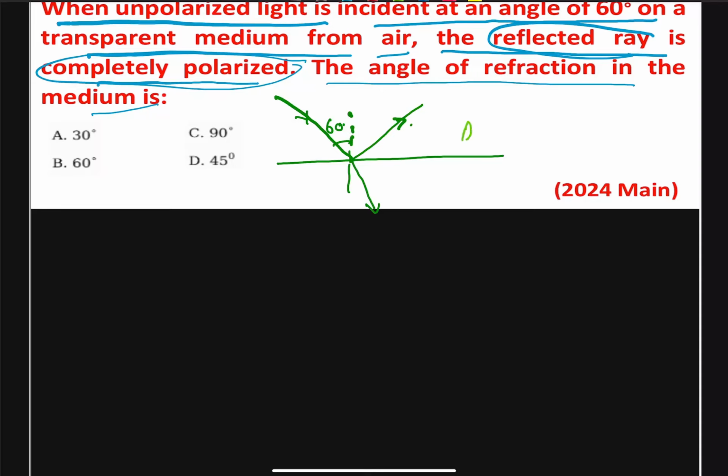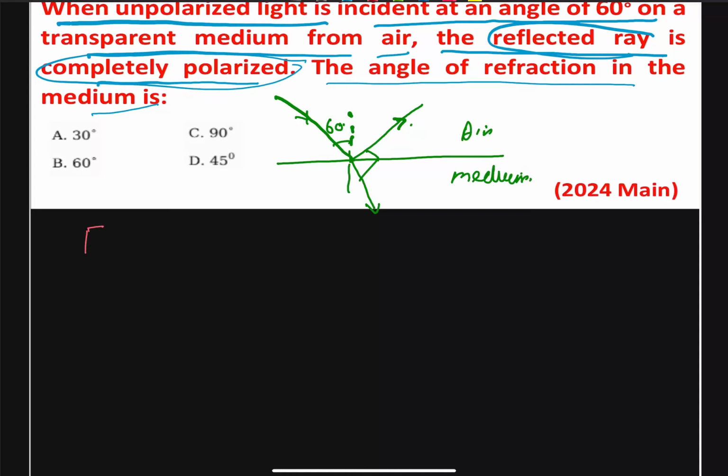So this is our air and this is our medium. So by Brewster's law we can easily see that for the completely polarized reflected ray, the angle between the reflected and refracted ray is equal to 90 degree.